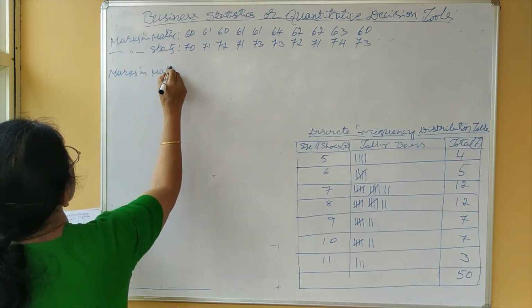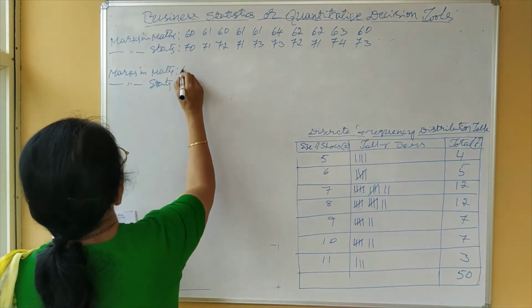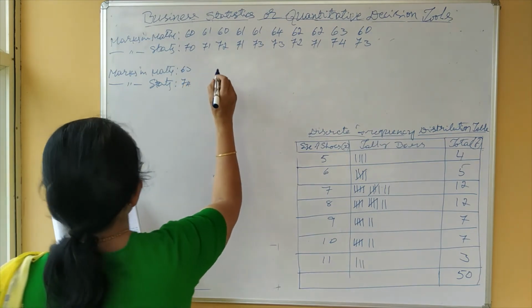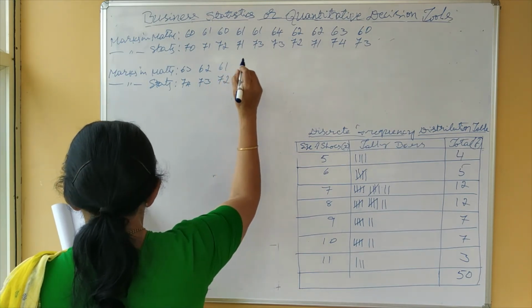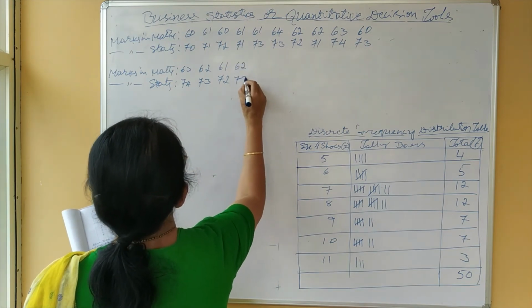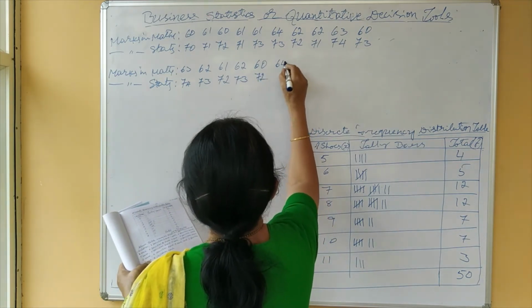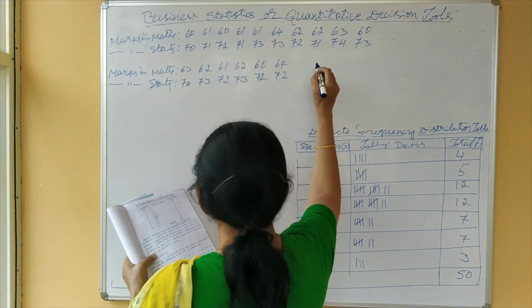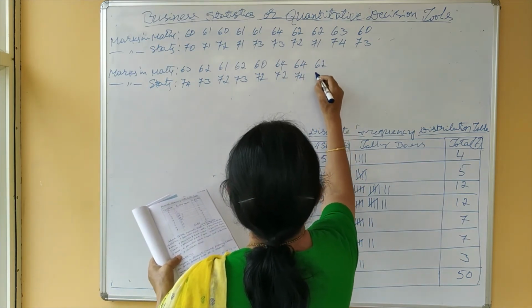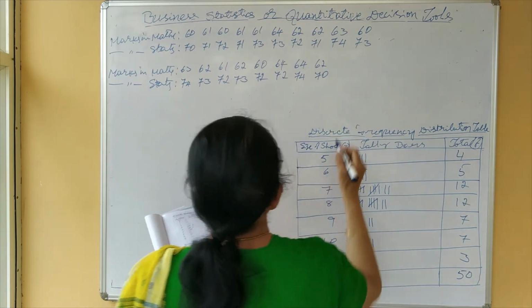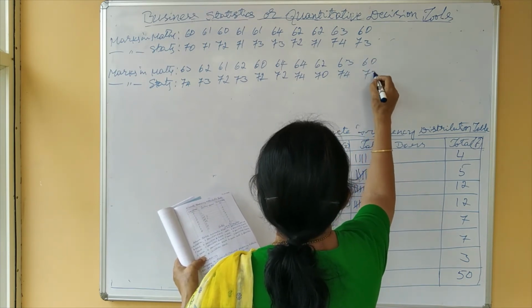Again take marks in maths and marks in statistics. 63, 74, 62, 73, 61, 72, 62, 73, 60, 72, 64, 72, 64, 74, 62, 70, 63, 74, 60, 73.